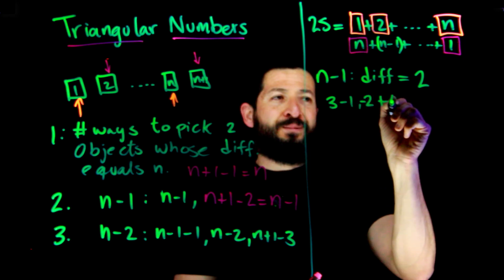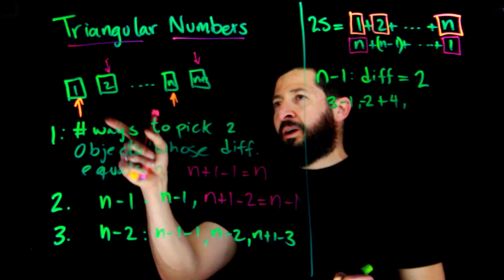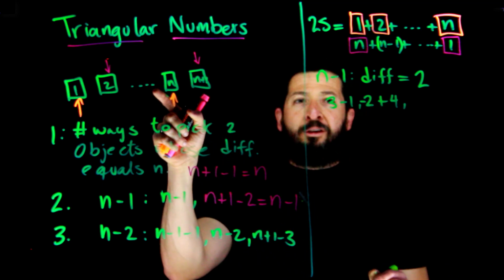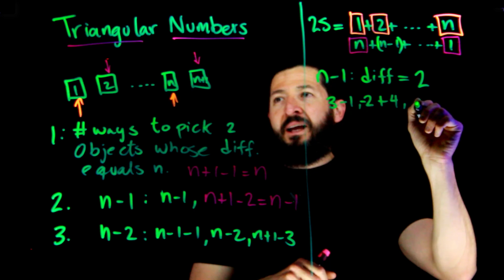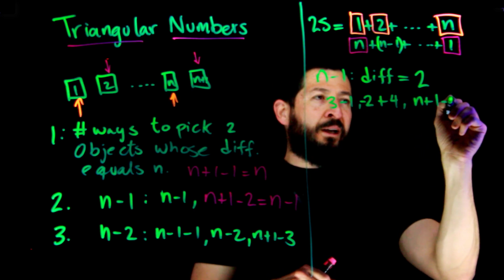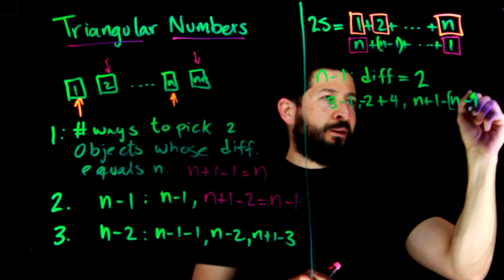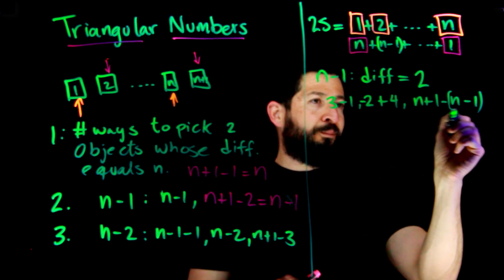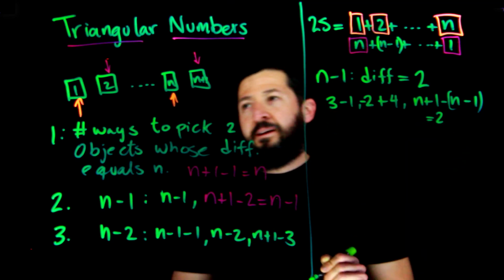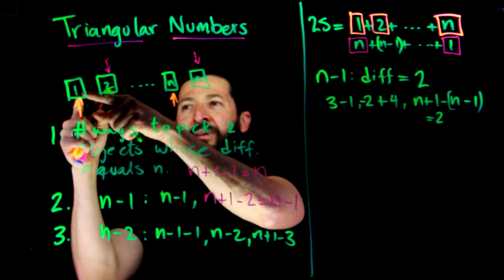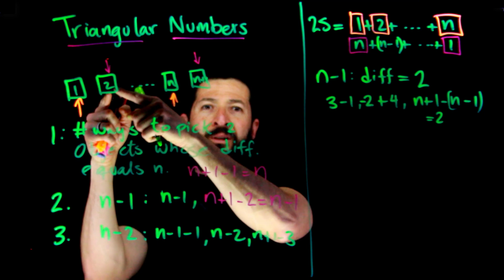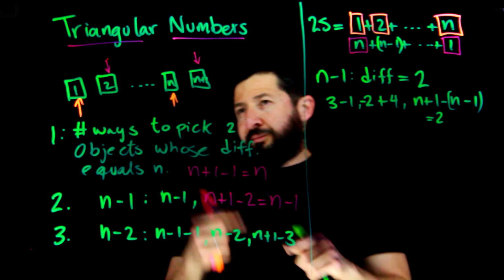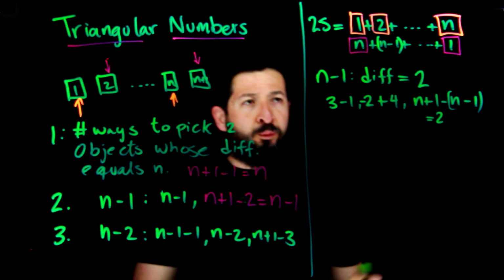Let's put it like this. And you're going to keep going on, all the way to n minus 1, and then n plus 1 minus n minus 1 is going to give you your difference of 2. So for each one, you're basically grabbing that one and going 2 after, grabbing that one, 2 after, and so forth and so on to make the difference of 2. Of course, you end all the way at n plus 1.